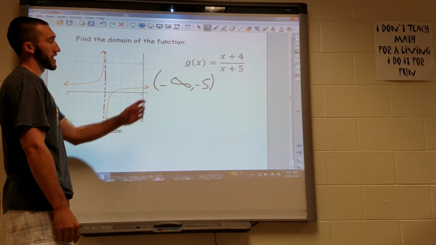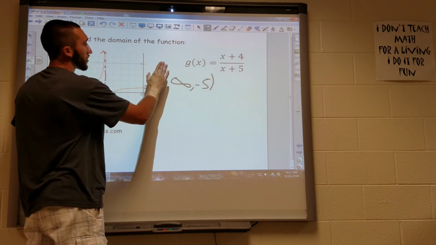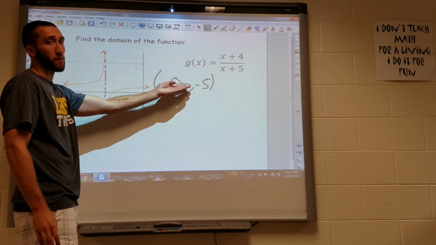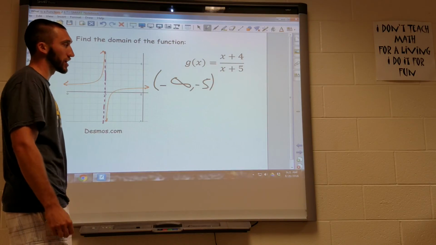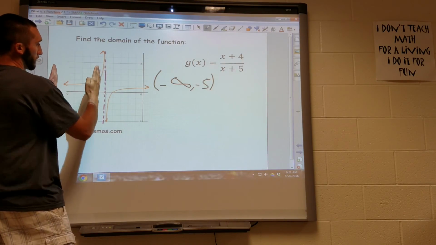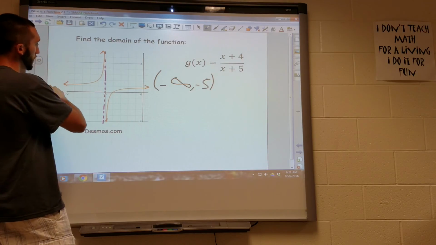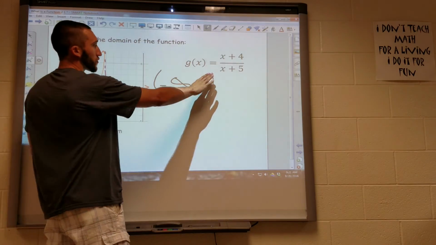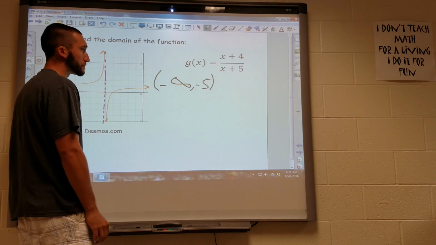Because infinity never ends. So we use a parentheses every time we have negative infinity or positive infinity, because you can never actually touch infinity. It goes on forever. So the left-hand portion of my graph here goes from negative infinity and approaches negative 5 but never touches it. That's why we use the parentheses here.